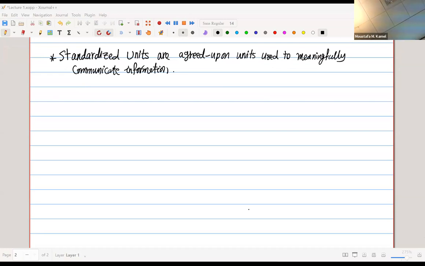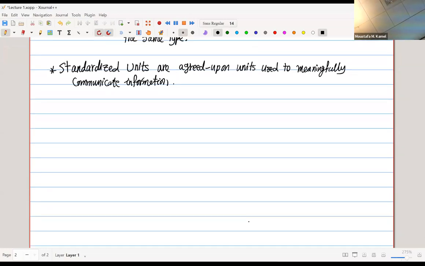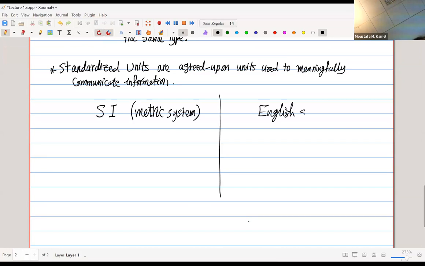Okay, for standard units, we have 2 famous systems. First system is the SI system of units, also known as metric system. And the English system of units, also known as the imperial system of units.